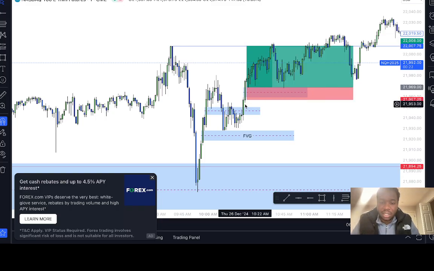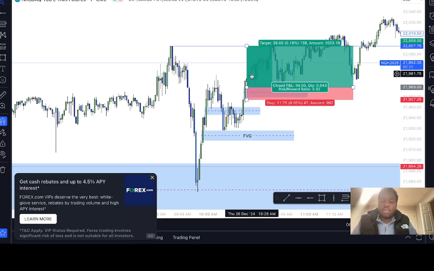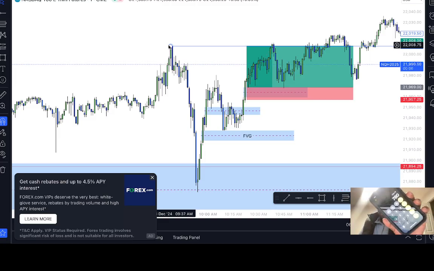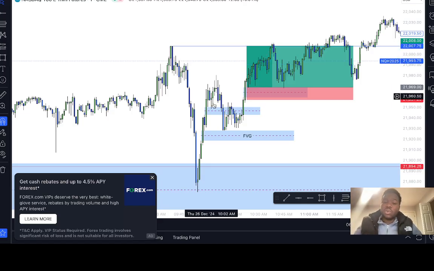And so right here is a comfortable spot for me, aiming for 156 ticks to take out this high. Let me do the calculations. 156 times $5, $750. $180 trade. NQ longs.